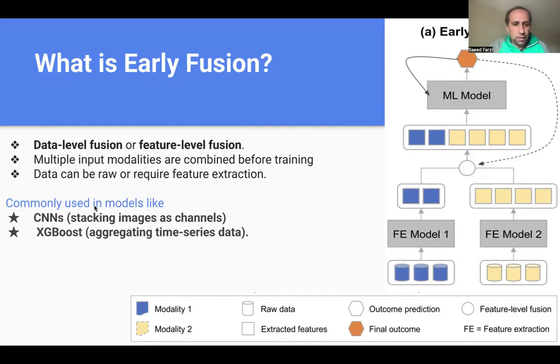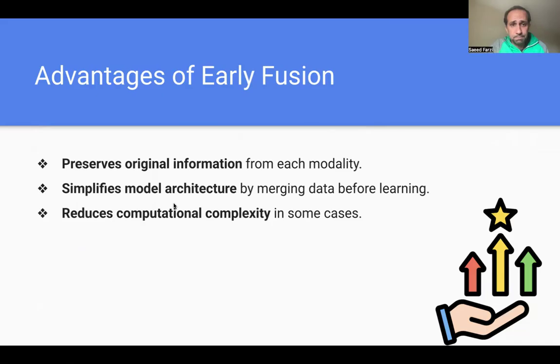Commonly used models in this technique: CNN mostly used for image analysis, and XGBoost mostly used for time series data. Advantages of the early fusion: preserve original information for each modality.